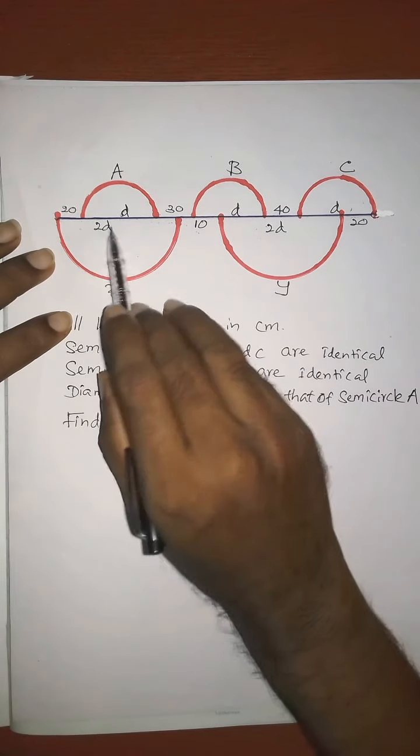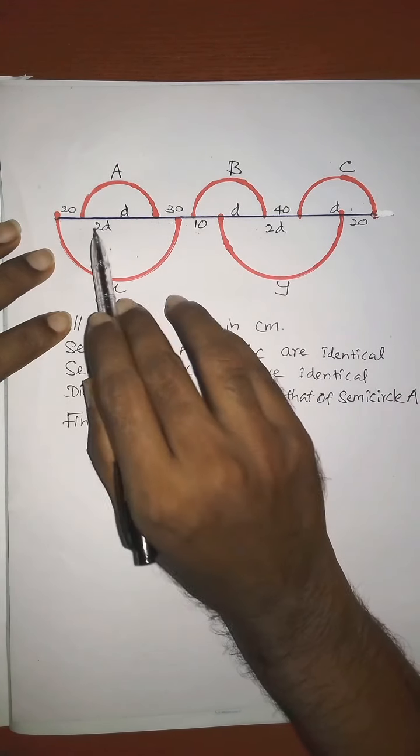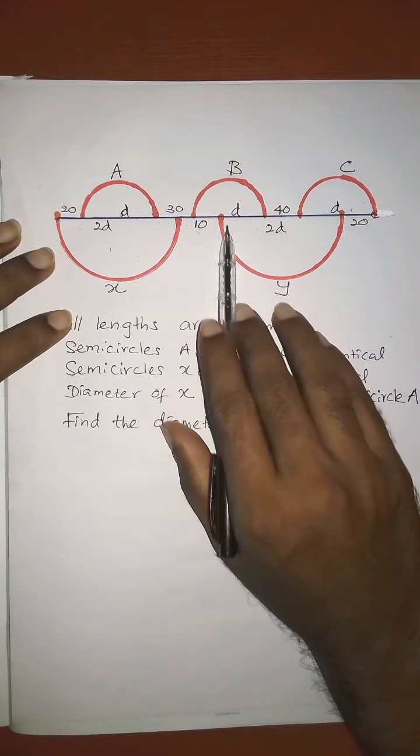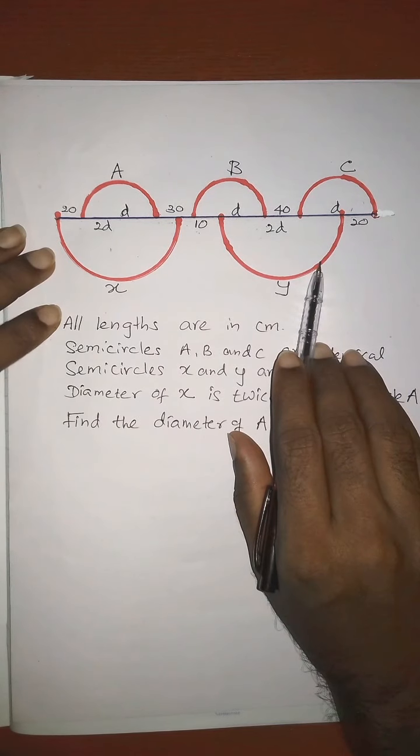If the diameter of semicircle X is 2D, the diameter of semicircle Y also must be 2D, because they are two identical semicircles.